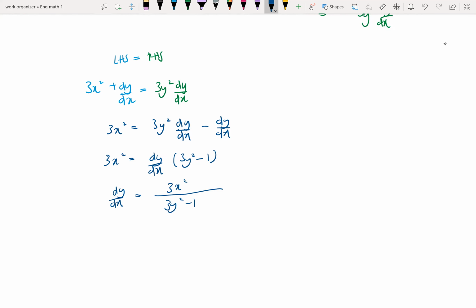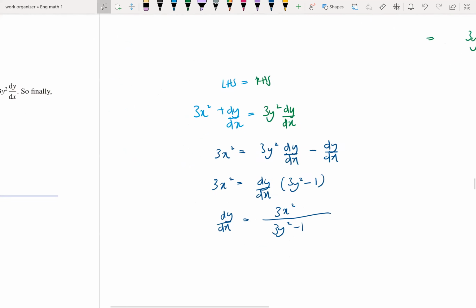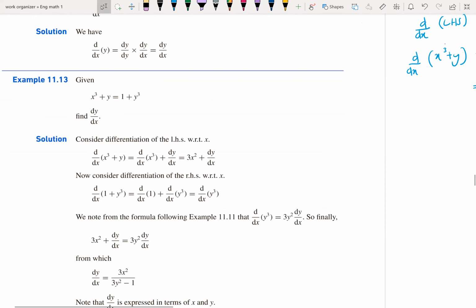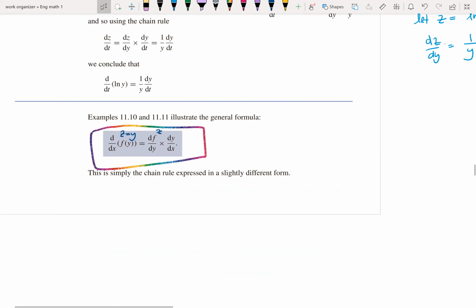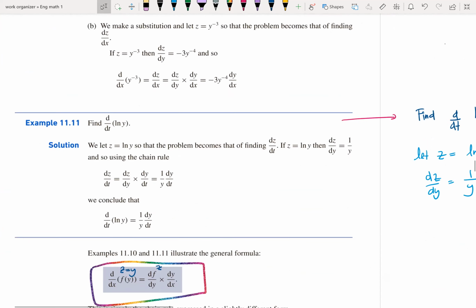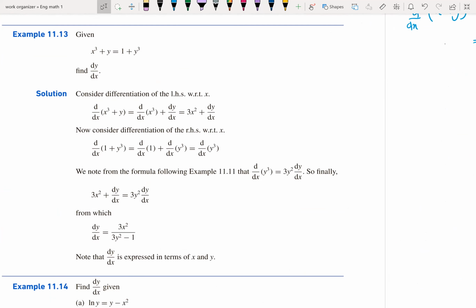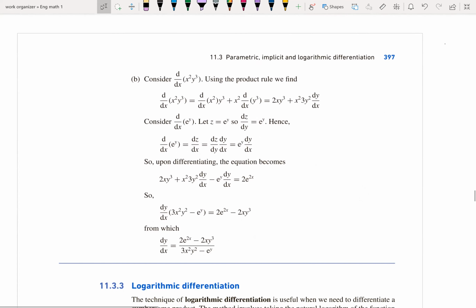Okay, that's it for the implicit differentiation. Now we go to the next example, or what is next?